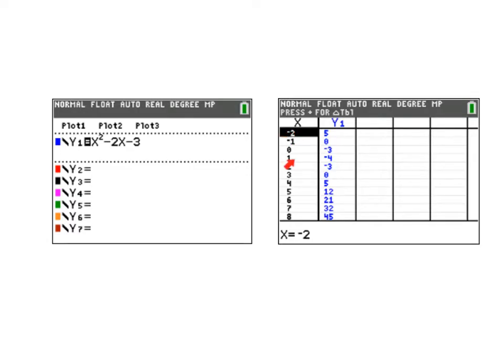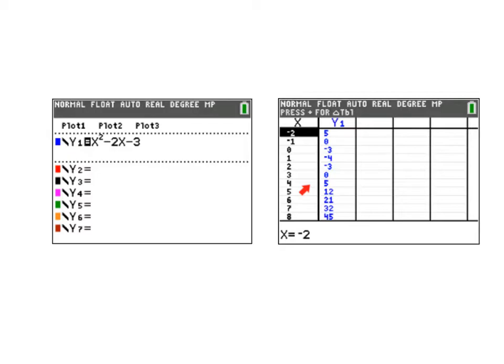So what we're going to do, if you don't see negative 2 on your x values, highlight the top number and just keep hitting up on your calculator until you see negative 2. I'm concerned with the values between negative 2 and positive 4. Those are the only values I'm going to graph. Okay, so let's go to our graph.